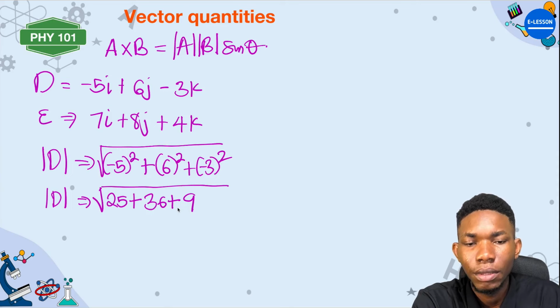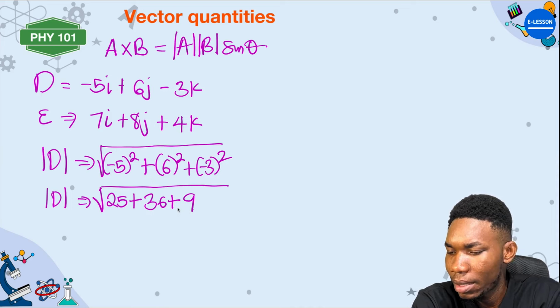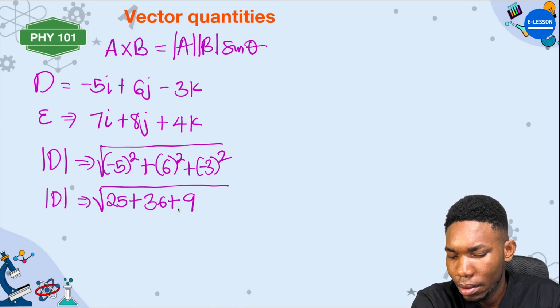So we have 25. I don't want this thing. How can I correct this with this calculator now? It should be the display now. Let me see. I'm trying to do something here. Display.